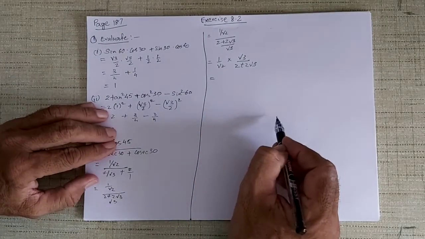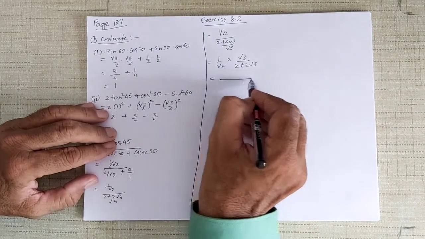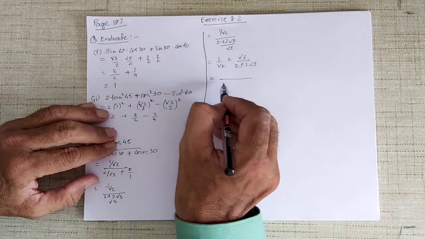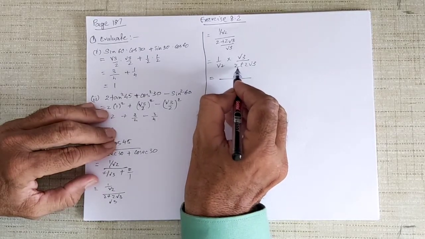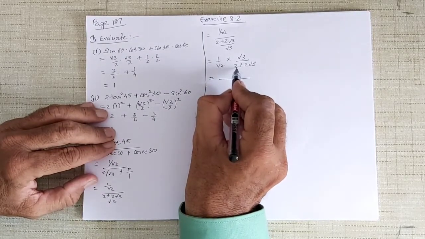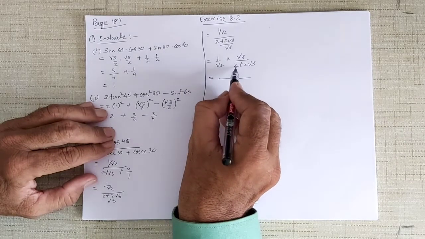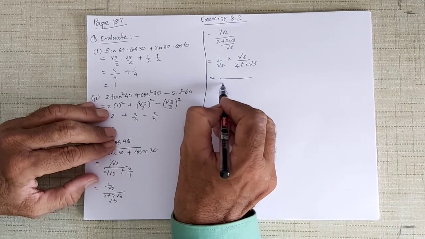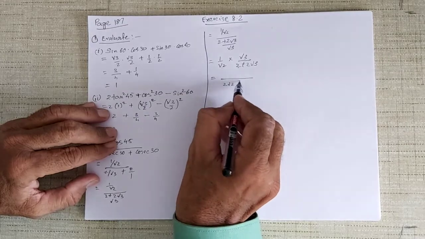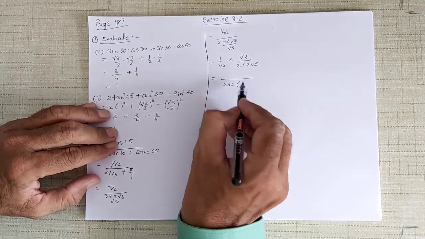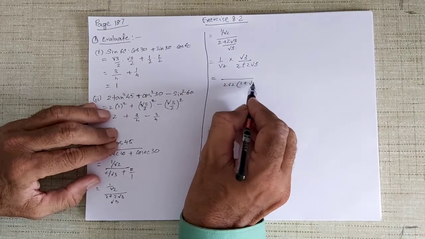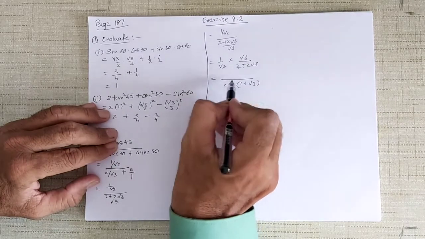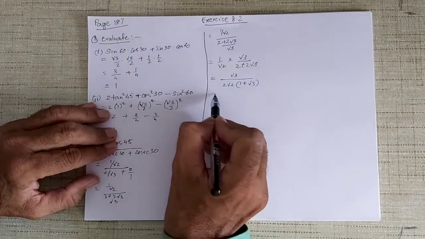Now how do we simplify this? If I take 2 common, I get 1 plus root 3, and obviously here only root 3.